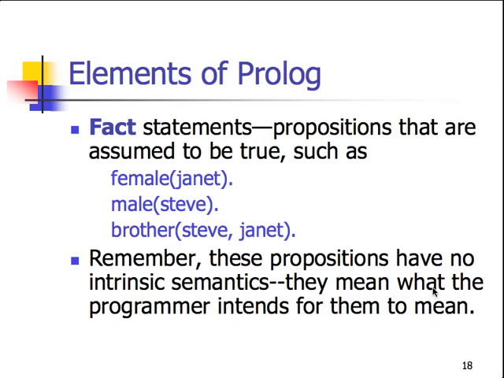So then we have the elements of Prolog in terms of the facts, the rules, and the queries. A fact statement is a proposition that is assumed to be true, such as female Janet, dot. You can see the dot at the end here. Male Steve, dot. Brother Steve, comma, Janet. Remember that the propositions have no intrinsic semantics to them, and they mean what the programmer intends for them to mean, which is interesting.